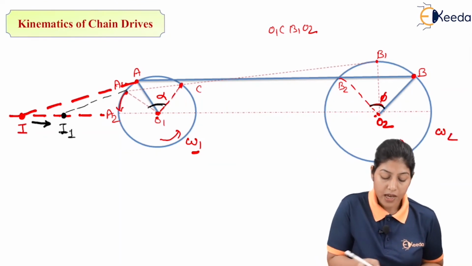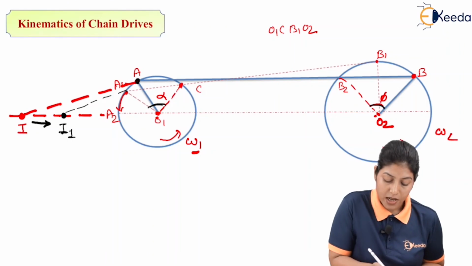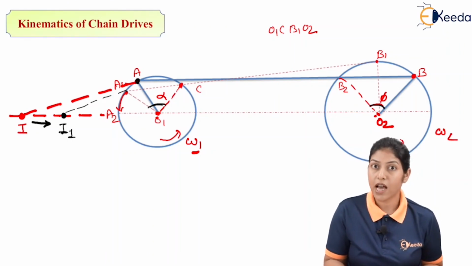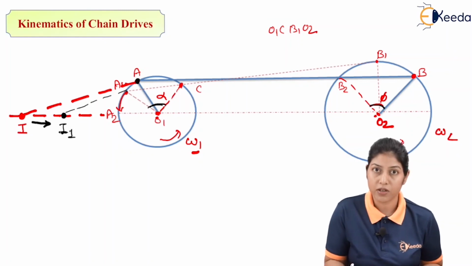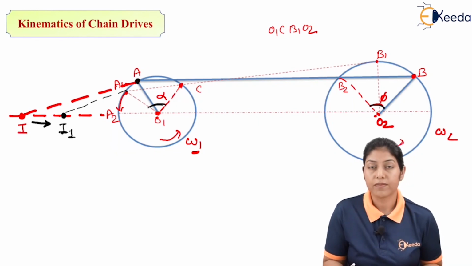In this way, for different positions of the reference point, we can define the variation of the angular velocity as well as the variation of the linear velocities, which is related to the velocity of the hinge point over this sprocket. Thank you so much.